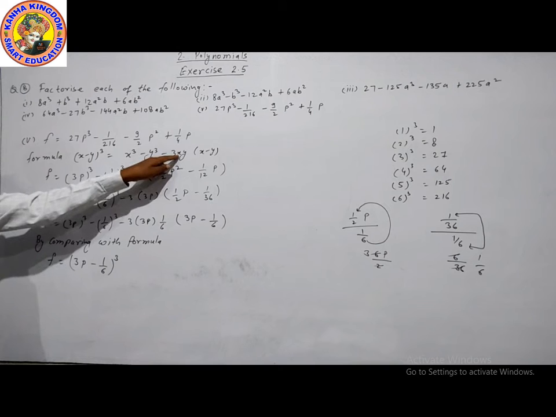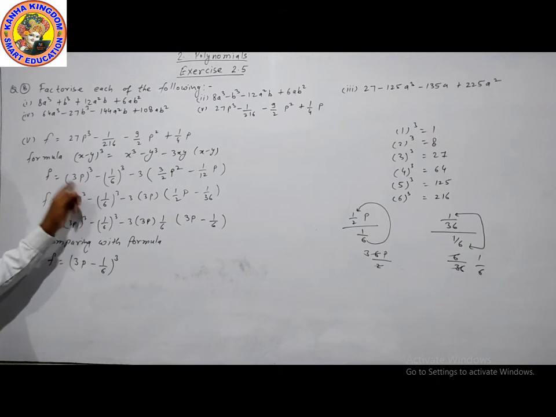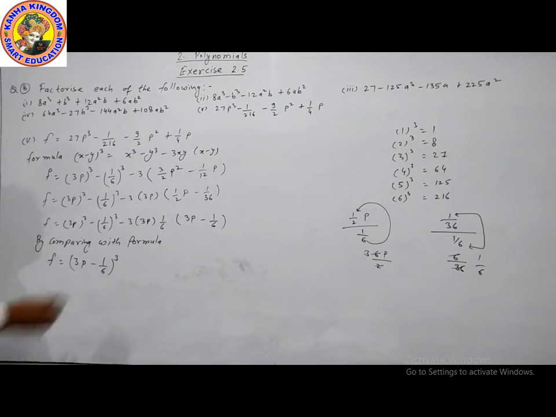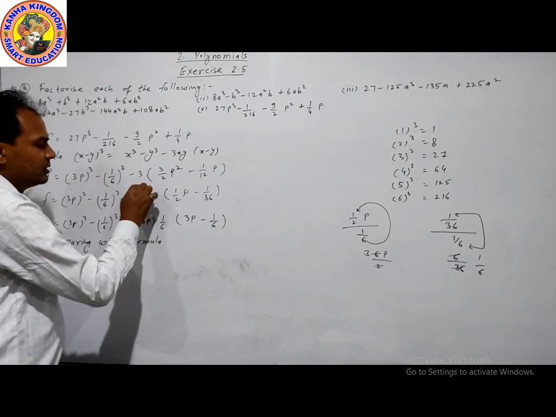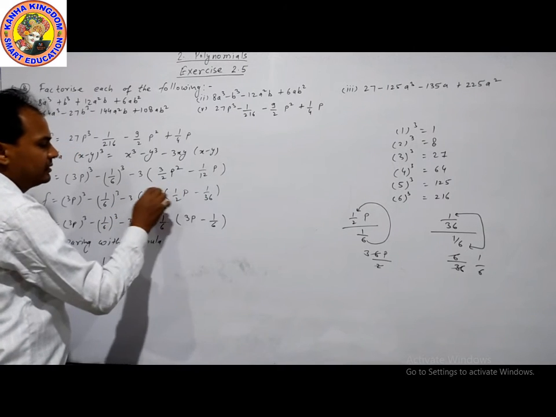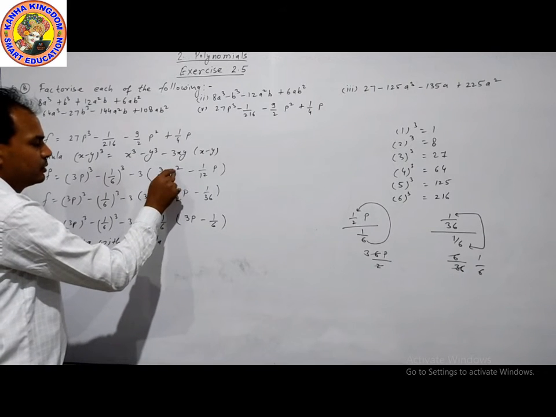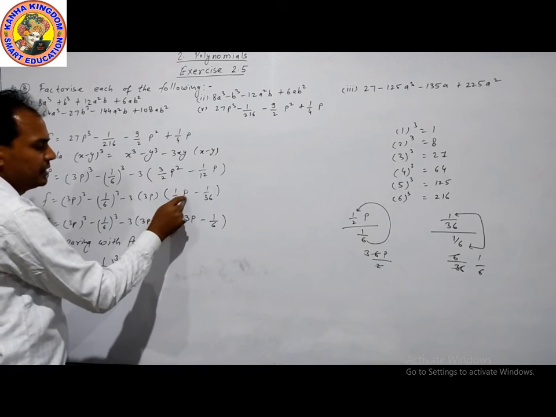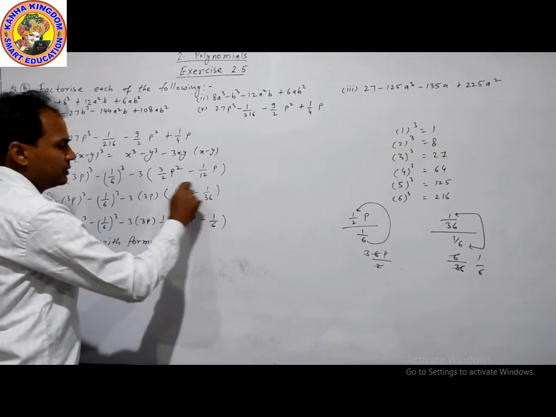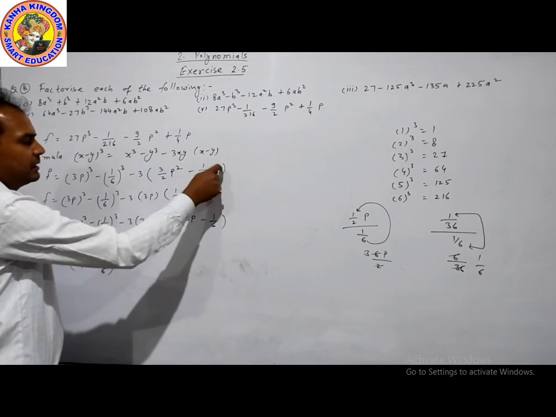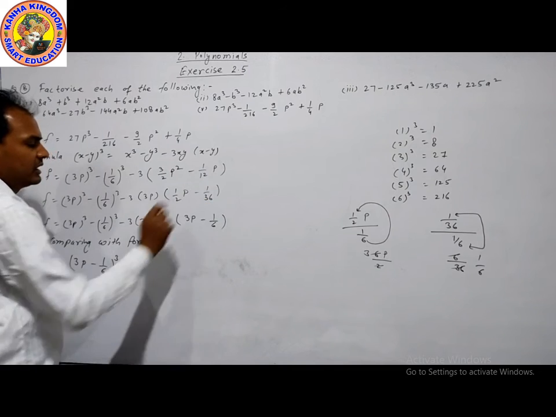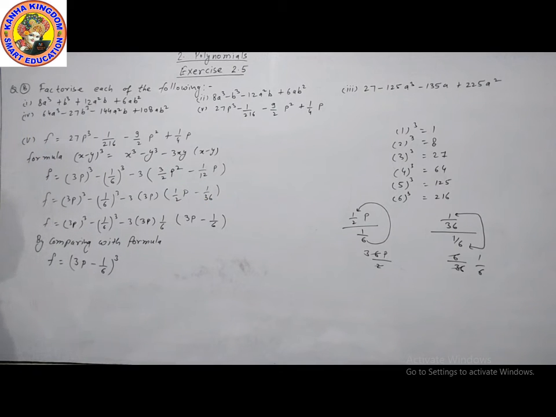Next is taking x as common. Who is x? x is 3p. Now taking 3p as common, dividing by 3p, 3 and 3 cancel, p and p cancel, so p upon 2. Dividing by 3p, p and p cancel, 3 times 12 is 36, this is over 36.